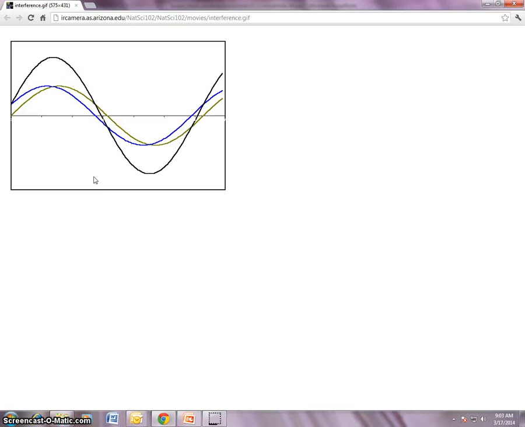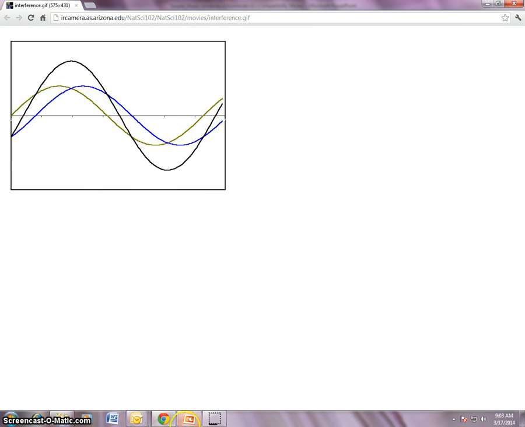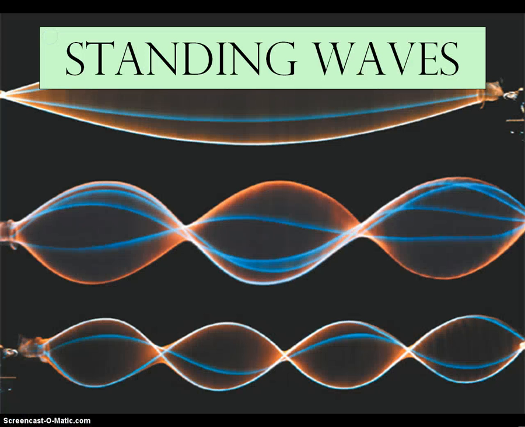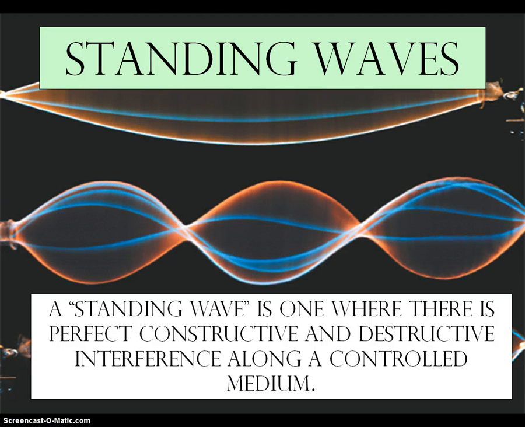Now, we can generate waves like this called standing waves, which have a complete destructive and constructive interference along some controlled medium. So in air is the most common example, because this is actually how we generate notes in musical instruments.